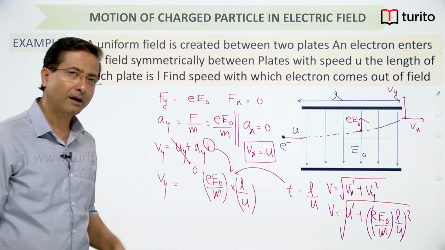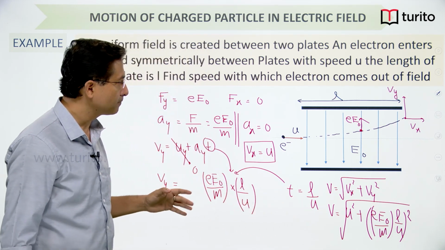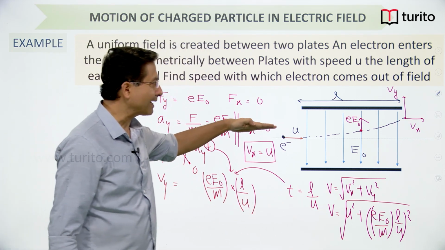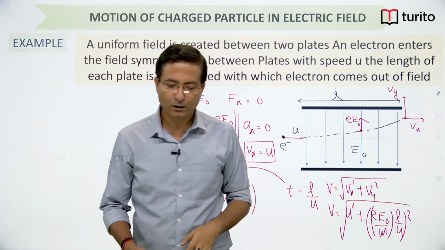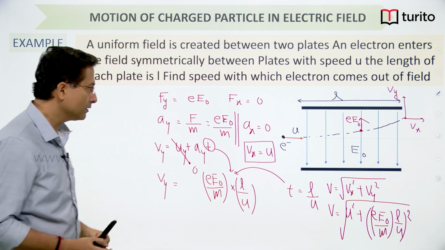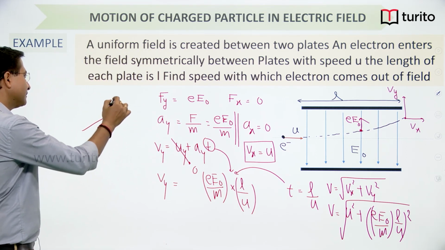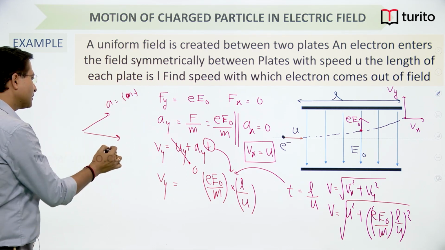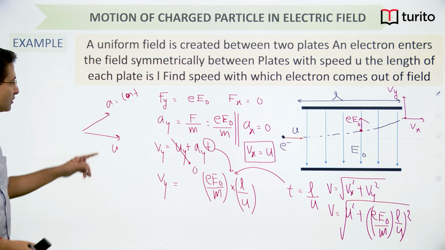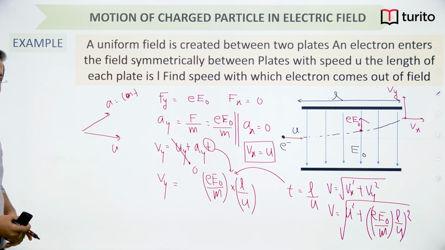Now, if I ask what is the path followed by particle? This path will be parabolic, following parabolic path it will come out. We have learned that when acceleration is constant and particle is projected with velocity which is not along the direction of acceleration, path followed is always parabola.